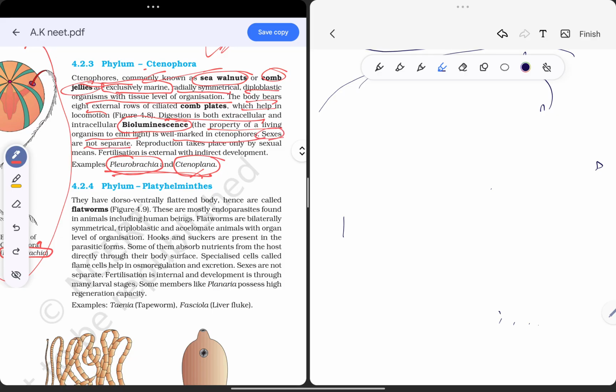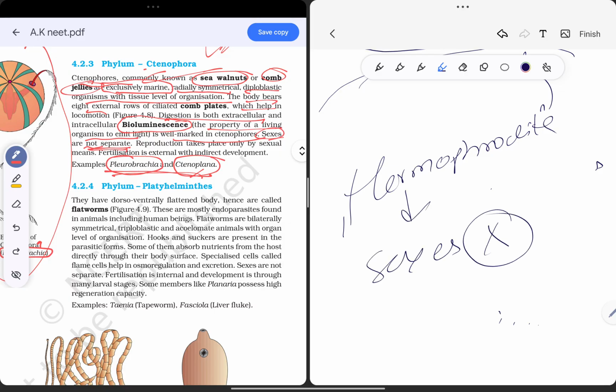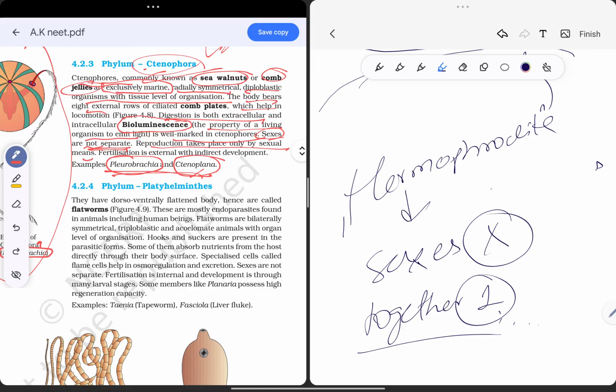Sexes are not separate. If they're not separate, then it's called the hermaphrodite condition. Hermaphrodite condition means sexes are not separate; they're present together in one organism. Reproduction takes place only by sexual means in the case of Ctenophora, and fertilization is external, with indirect development.